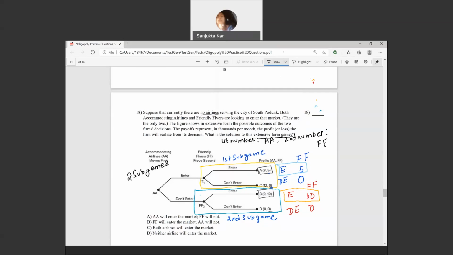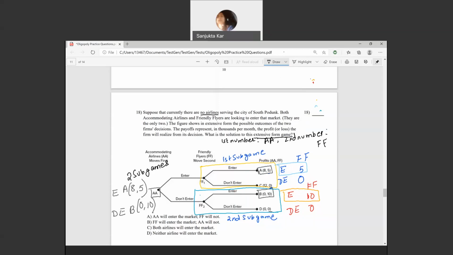Now AA has a choice of either entering the market or not entering the market. So if AA enters from the first subgame, the outcome is A, which is 8 and 5 in brackets. From the second subgame, the outcome is B, which is 0 and 10.